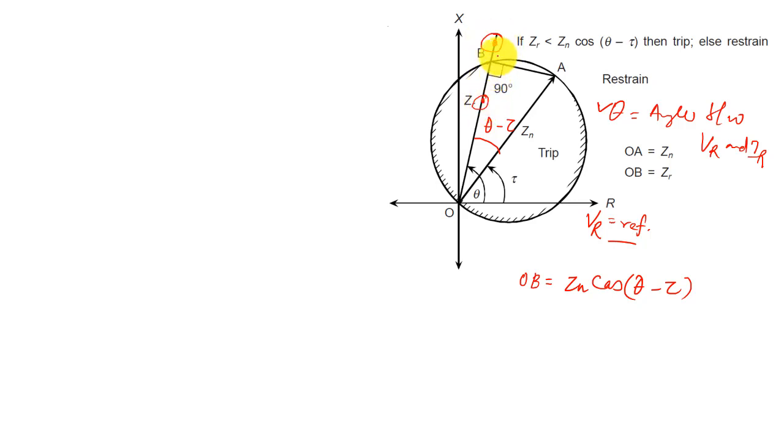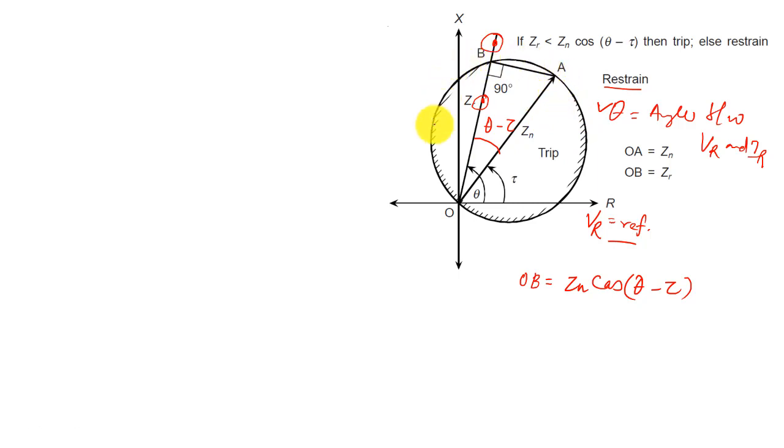When Zr becomes greater than Zn cos theta minus tau, it will restrain, and when it lies within this, that means Zr is less than Zn cos theta minus tau, then it will trip. It is a trip region.